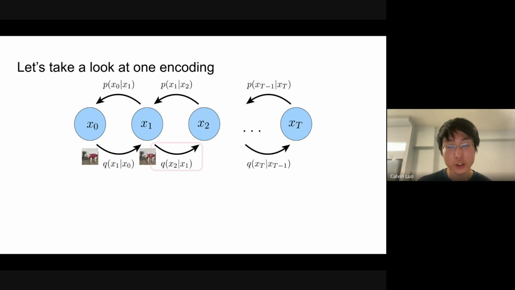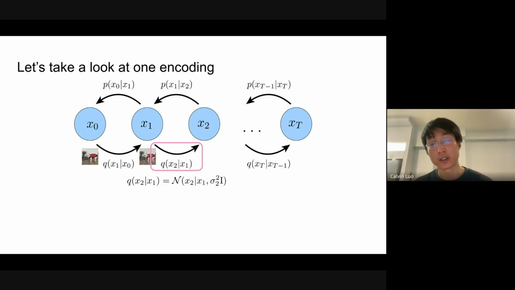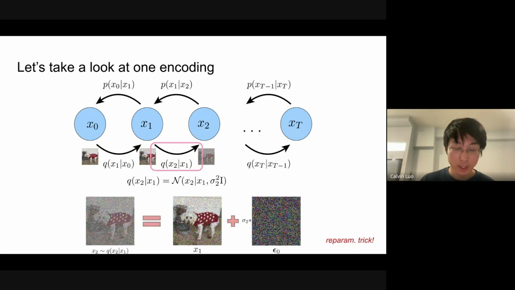Well, what about the transition of x1 to x2? This is also a known Gaussian encoding transition centered around x1 with some known standard deviation sigma 2. This produces something that's even more noisy, a noisy version of the clean image x.